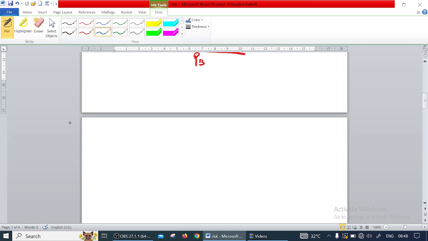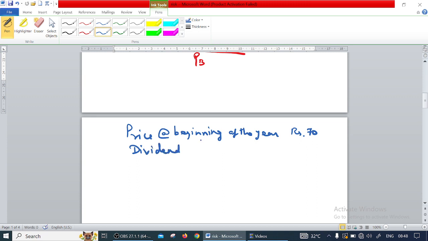Important exercise. Assume the price at the beginning of the year, if you take any equity share, is 70. And the particular company has also paid a dividend to the shareholders.